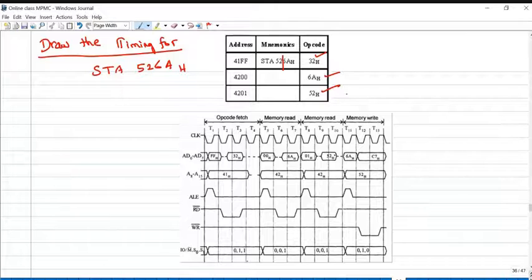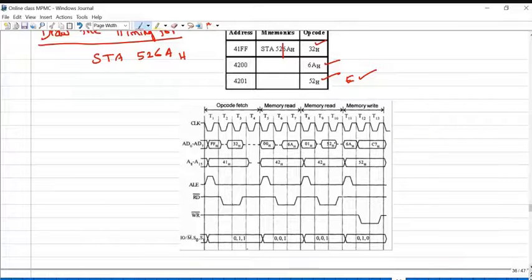Now if you execute this particular instruction, what happens internally inside the microprocessor? First, the microprocessor fetches the opcode, that is the 32 hexadecimal code, from this particular address location. That is called opcode fetch. I hope you are familiar with this.